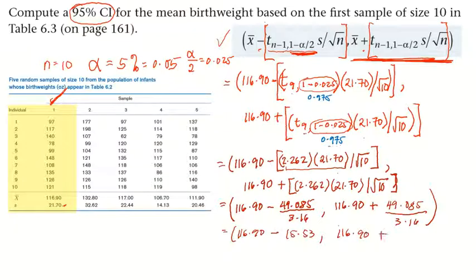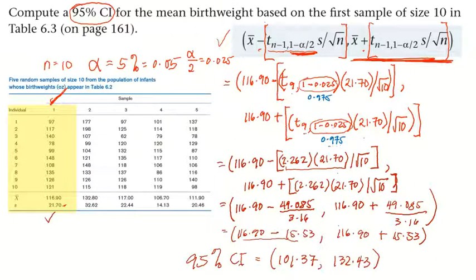116.90 plus 15.53. Our 95% confidence interval, therefore, for this particular sampling, number 1, will be, okay, we subtract these, so we have 101.37 on the left side and 132.43 on the right side.